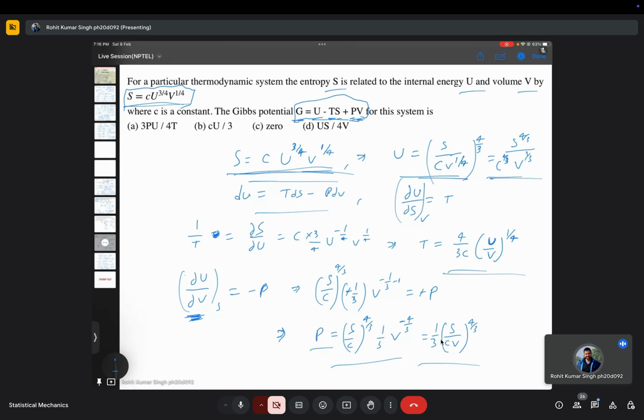So if you keep the temperature constant and the pressure constant, that is, there is a constant force applied on the system, then the Gibbs potential will always be zero for all the future time, however you take the system.